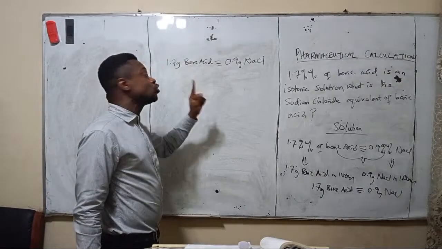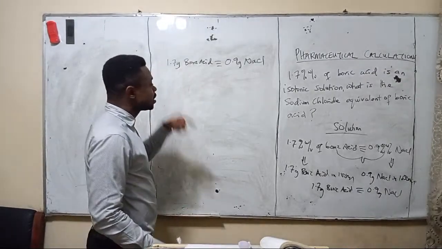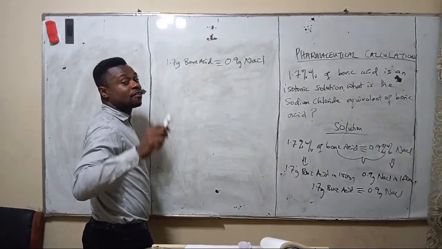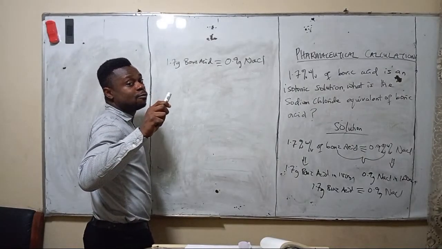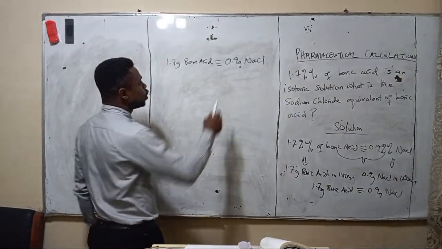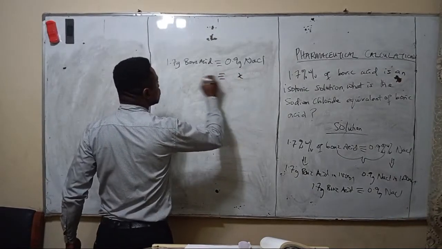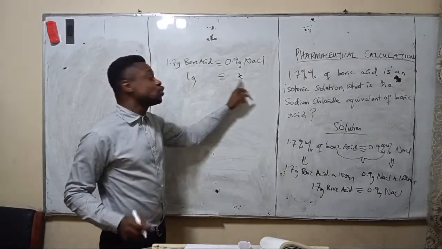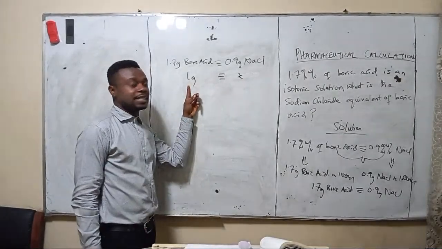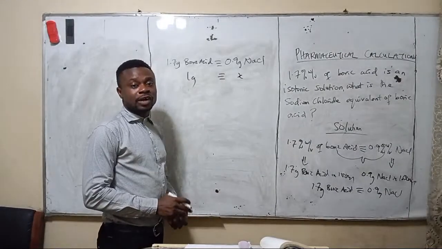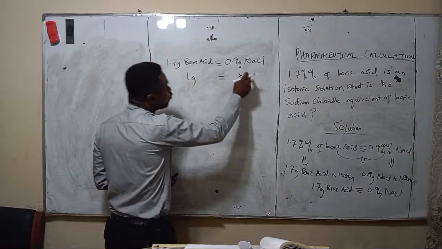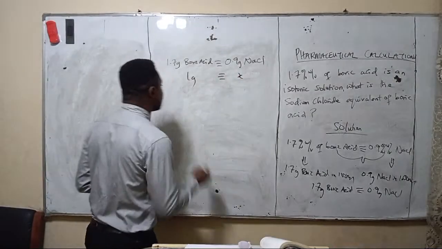It's the one that will be equivalent to 1 gram of boric acid that is. So to calculate the sodium chloride equivalent of boric acid, which we don't know, we call it X and equate it to 1 gram of boric acid. So we cross multiply.